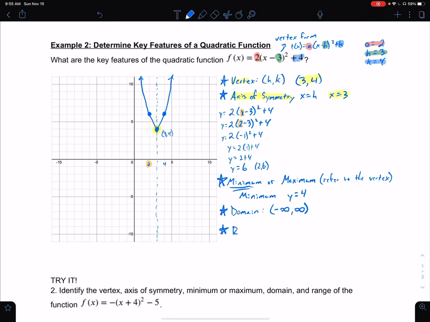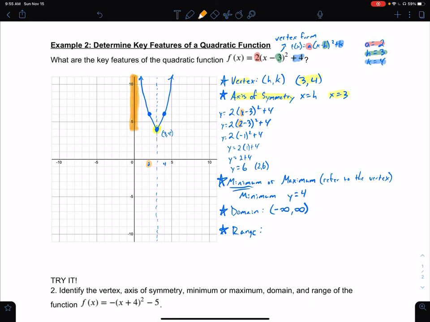And then my range is going to be based on mostly my minimum or my maximum. It's going to help me. But my range, we're looking at the y values. So in this specific problem, the lowest point is right at 4, and then it's going to keep going up. So my y values are everything here.